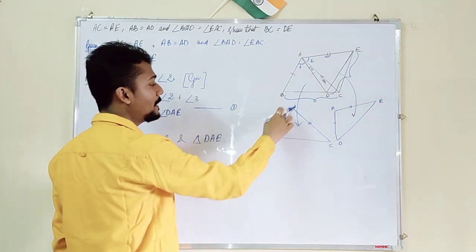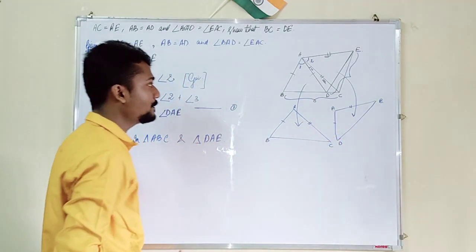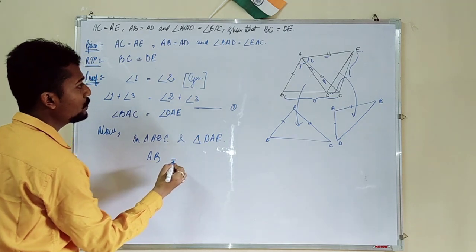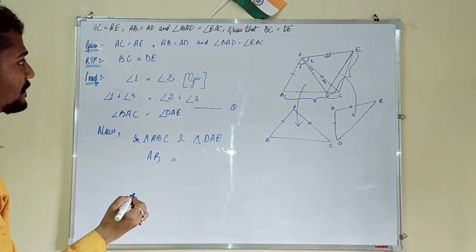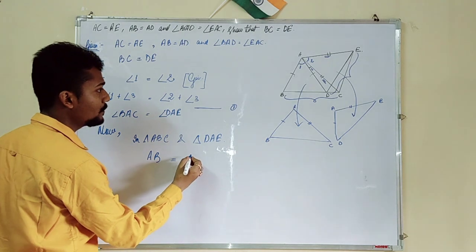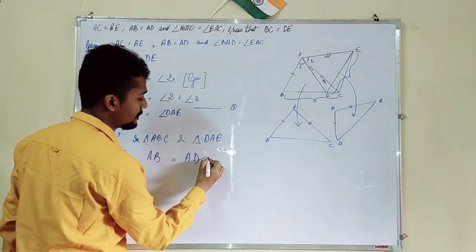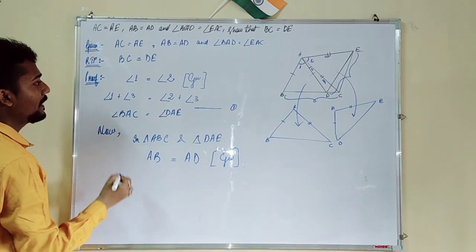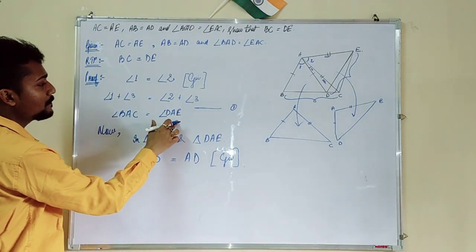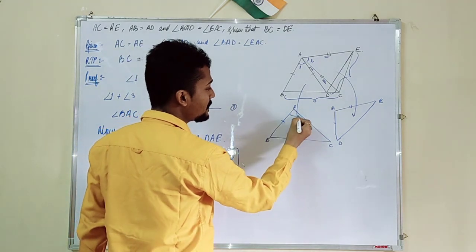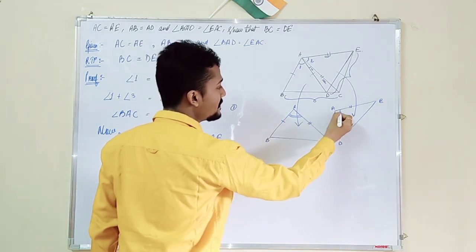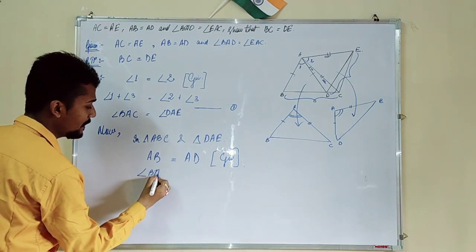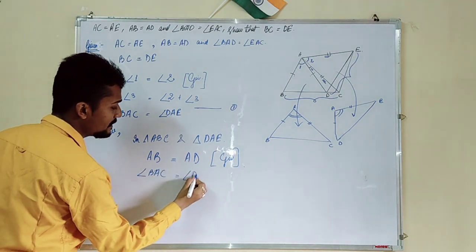Now what is given? AB is equal to AD, that is given. Then angle BAC is equal to DAE.